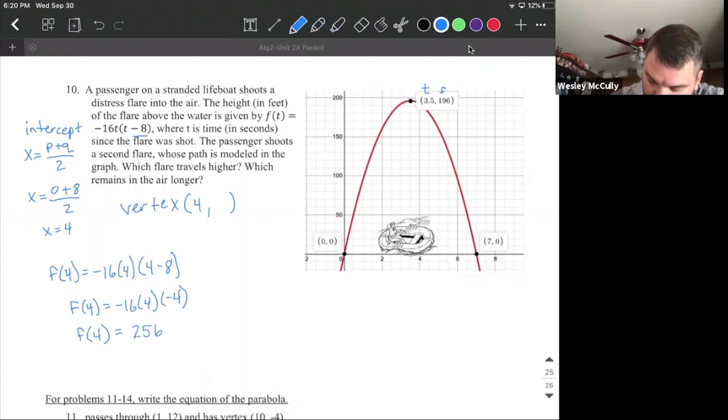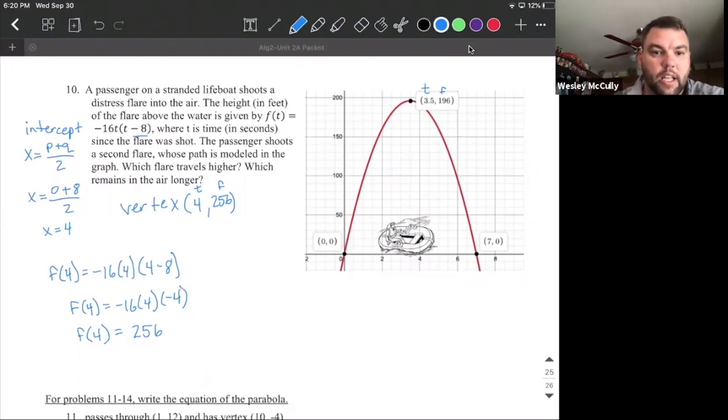So the y value of the vertex is 256. Now don't forget, we used x and y, but this is actually t and that's actually F, time and flare height. So now we can use this to answer the questions.